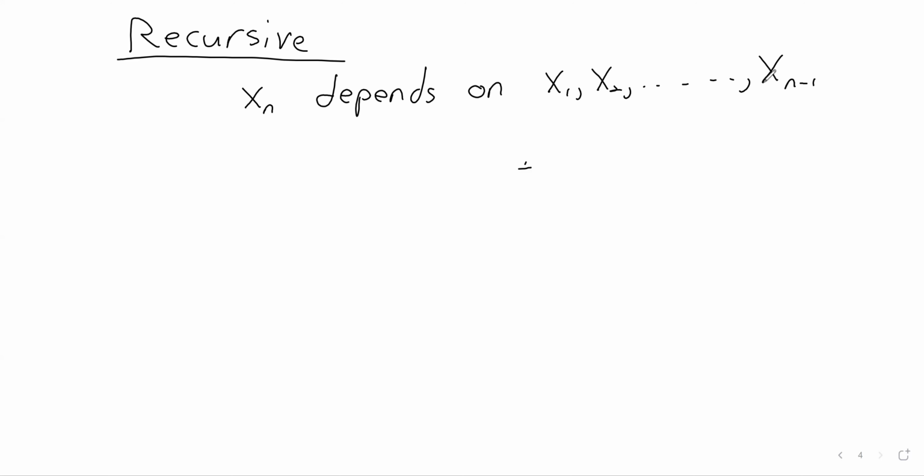So every element in a recursive sequence depends on the elements before it. And we might not need all of the elements before it. A lot of times it will just depend on the immediate predecessor.